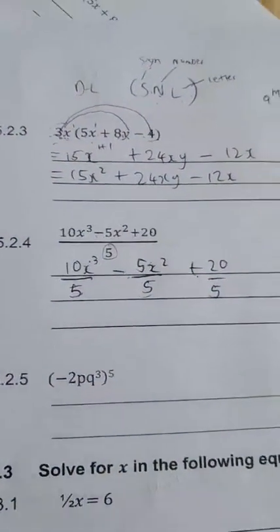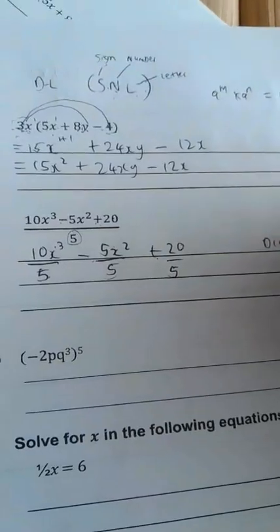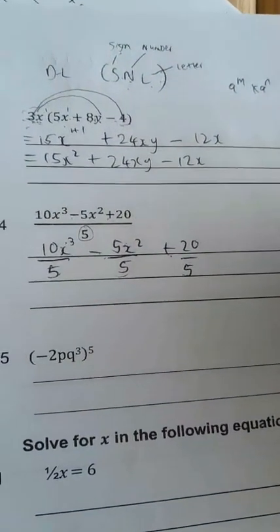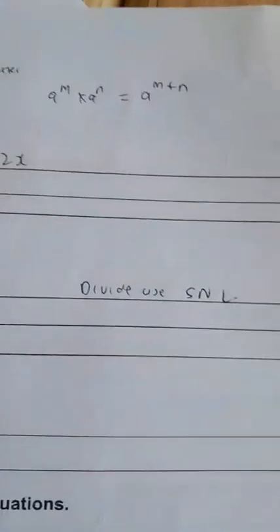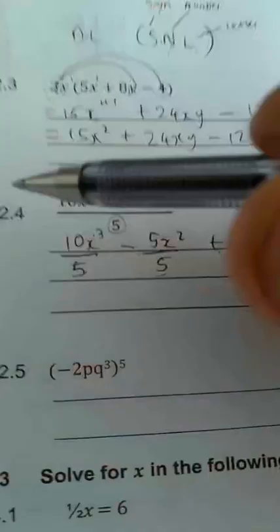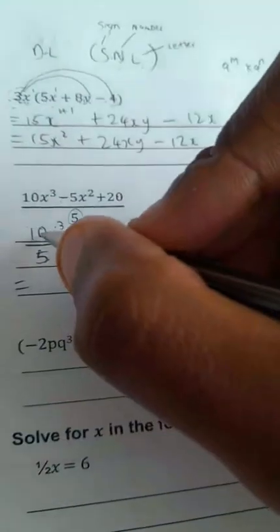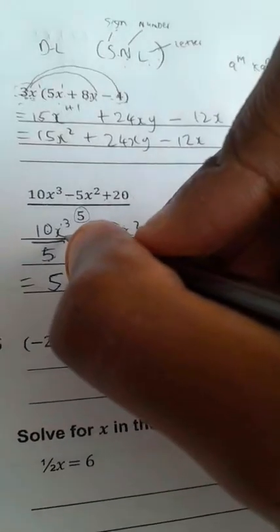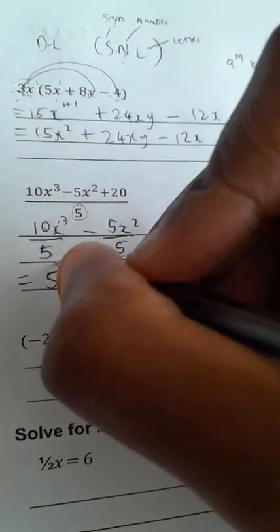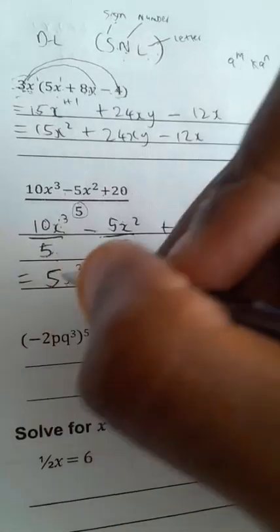All right. Next, so we separate them. Next, we divide and we use S and L again. In other words, take note of the sign, number, letter as you divide. So let's go. Positive divided by positive is positive. 10 divided by 5 is 5. X to the power 3 has no corresponding variable in the denominator, so it sticks in the numerator next to the 5 combined.